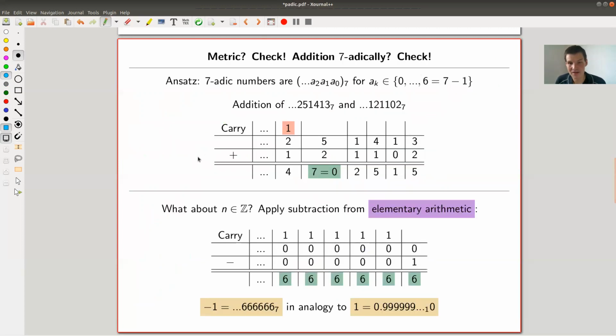So let me change to p equals 7 because it's a little bit more illustrative. Addition 7-adically in this picture, of course, in general, then p-adically. So we already have a metric, check, and we have an addition, as I am going to explain, so check. And if you have an addition, you have a multiplication, because multiplication is just iterated addition.